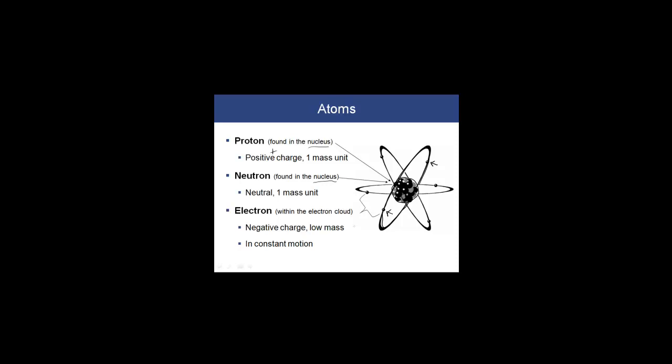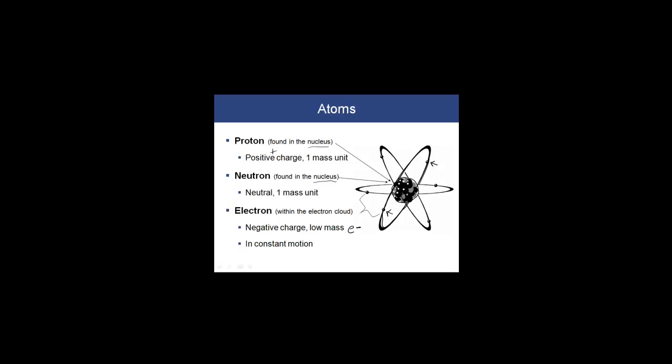In fact, I often represent electrons with this symbolism, with the little negative sign and the letter e. And they have a very, very low mass. With all respects, it's almost insignificant. A very, very tiny subatomic particle.